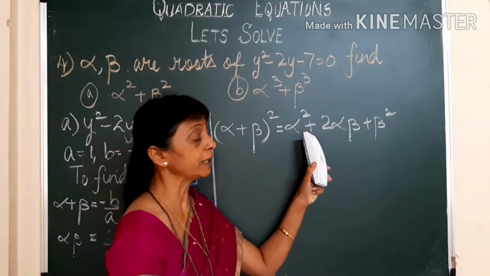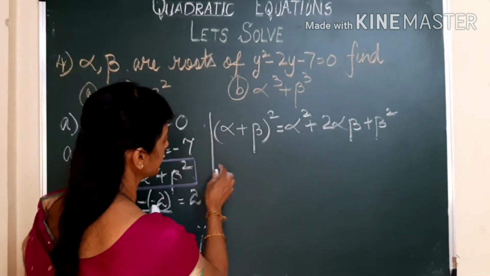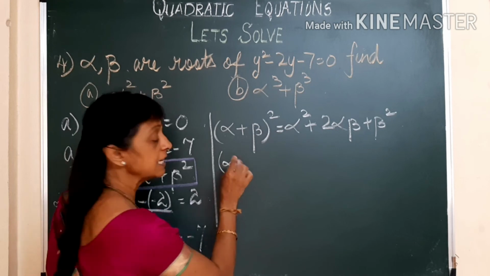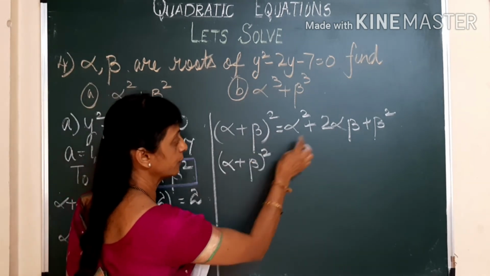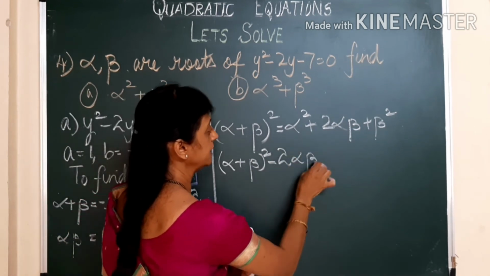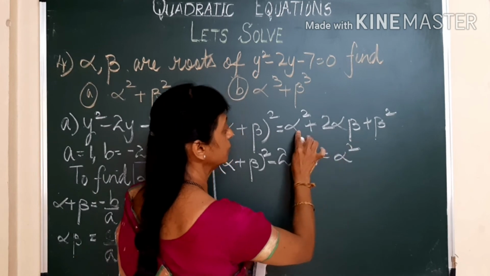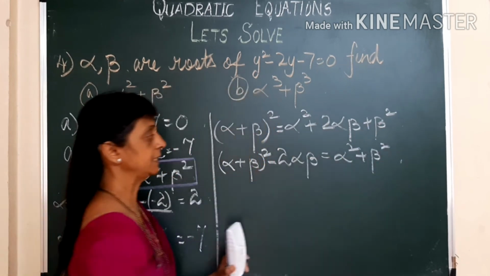It is performing the operation of addition. When it goes on the other side, it will perform the operation of subtraction. So, alpha plus beta the whole square plus 2 alpha beta becomes minus 2 alpha beta, which will be equal to alpha square plus beta square.